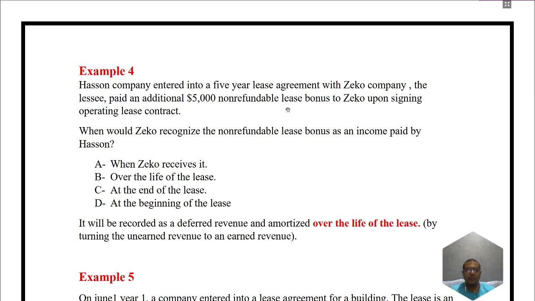And the rule is simple: the lease bonus must be amortized over the life of the lease. This is the information that I want you to know from this example. It will be recorded as deferred revenue and amortized over the life of the lease, by turning the unearned revenue into earned revenue.